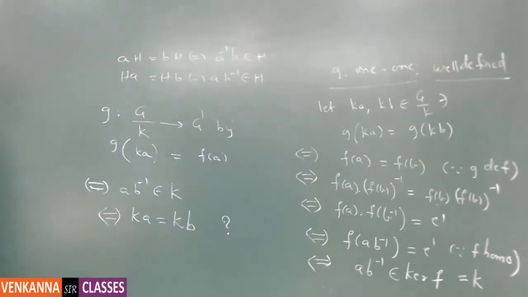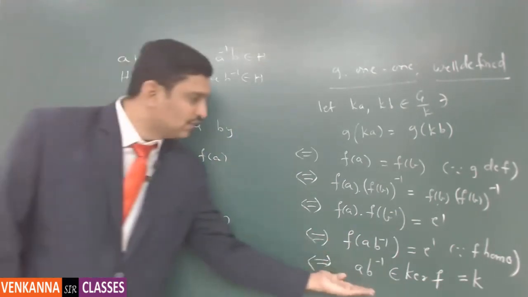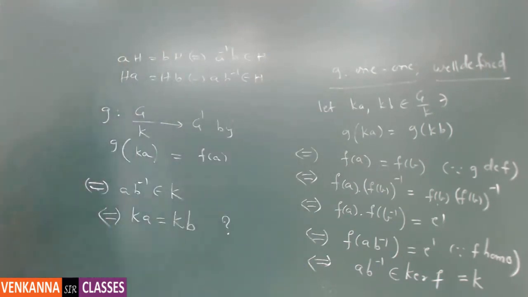So if you start reading from this step, if this is correct, then this will follow, and so on. All will come. Therefore, the function g we have defined is 1, 1 and well defined. Okay?